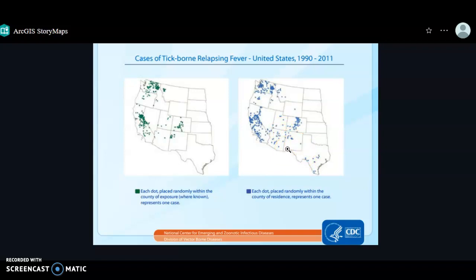So there's 11 western states: Washington, Oregon, California, Idaho, Nevada, Montana, Arizona, New Mexico, Texas, Colorado, and North Dakota. This tick is considered a nest tick, meaning they're found in rodent nests long after the rodent has left sometimes. The tick's been known to have been found in a nest years after the rodents have left. So that's a very key element when we're talking about the transmission between ticks, rodents, ticks, humans.